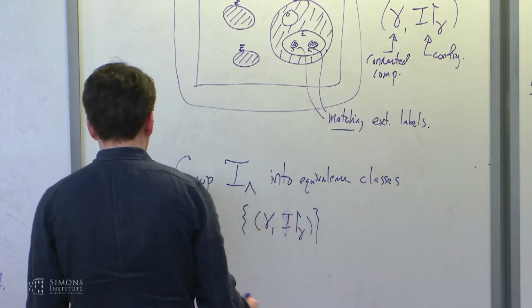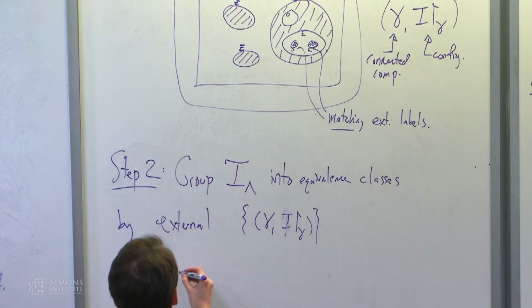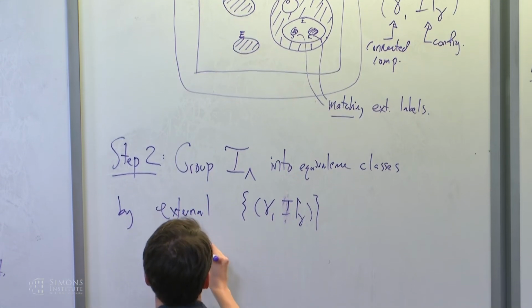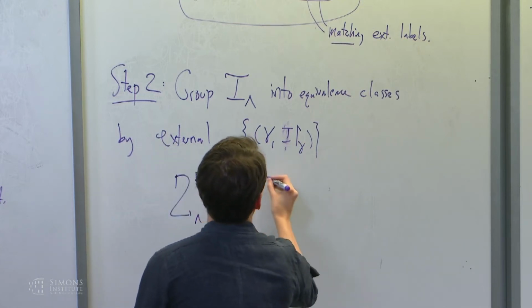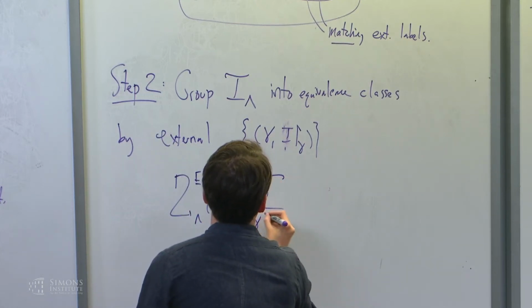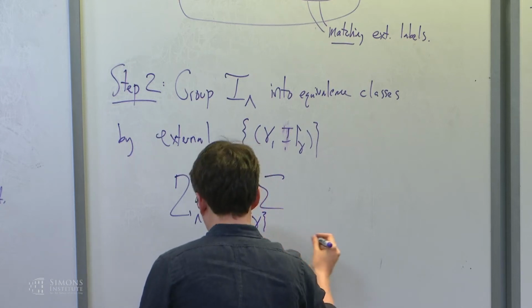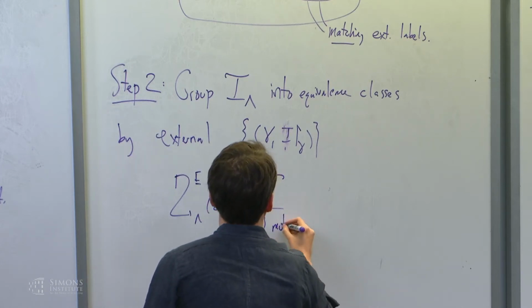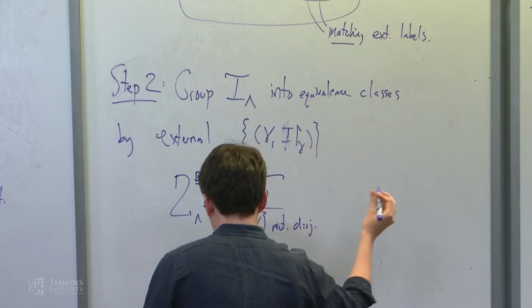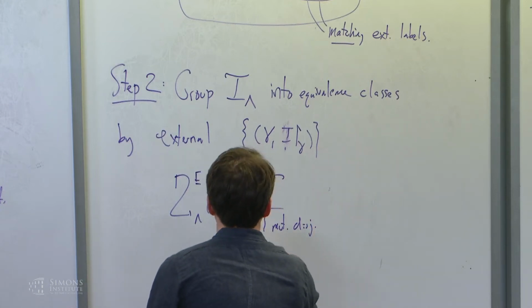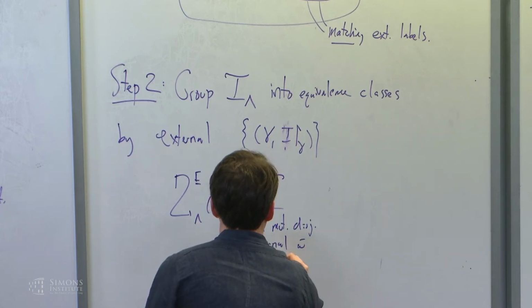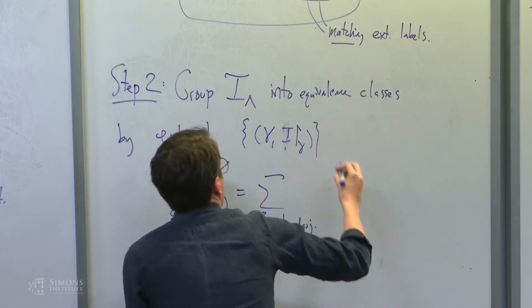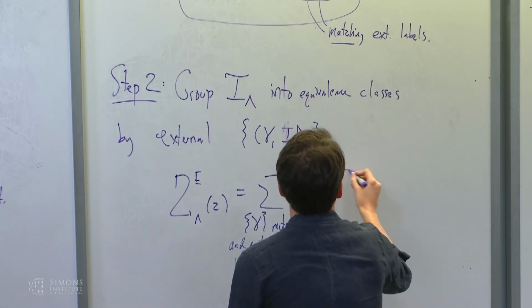And if you do that, what you get is that the partition function can be written as a sum over collections of mutually disjoint and external contours with label E. And then you have to take the weight of all of these things.